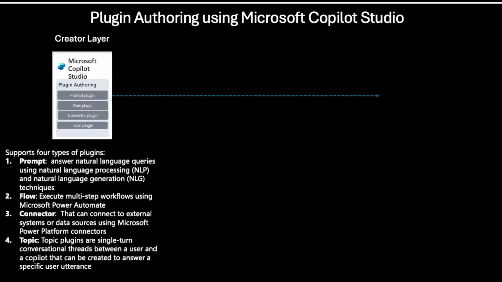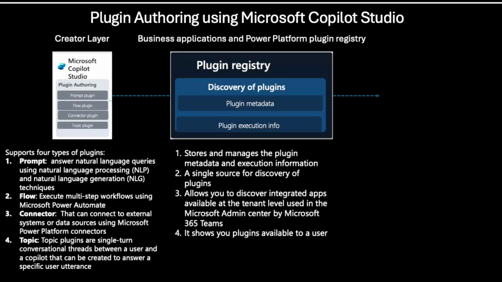Topic plugins are single-turn conversational threads between a user and a copilot, and that can be created to answer a specific user's questions or queries. Then comes the plugin registry, and this stores and manages the plugin metadata and has the execution information.